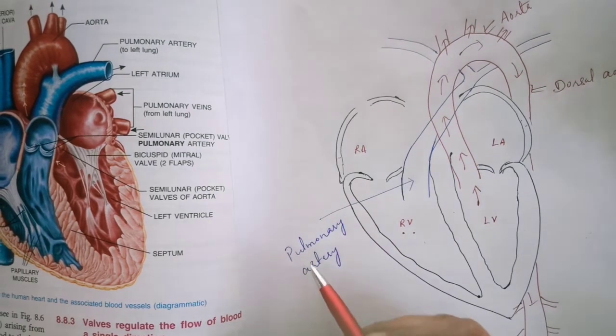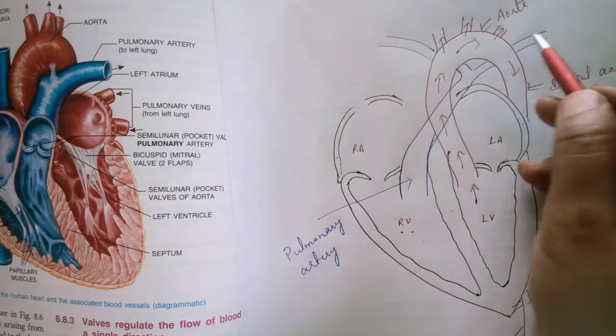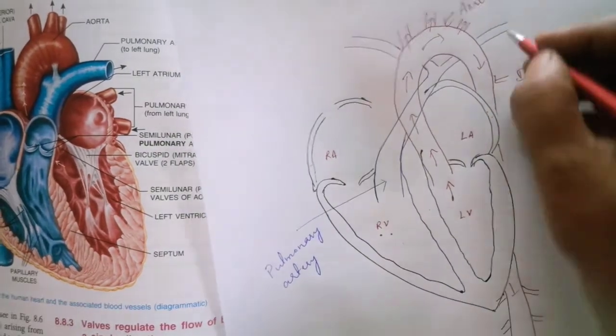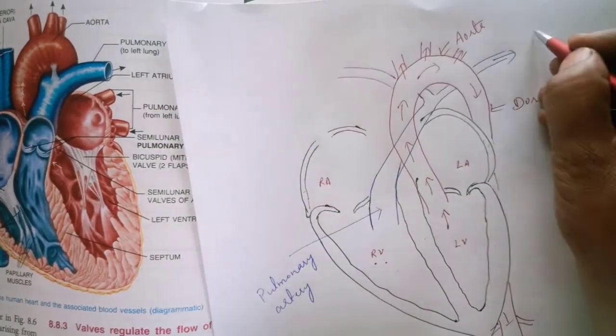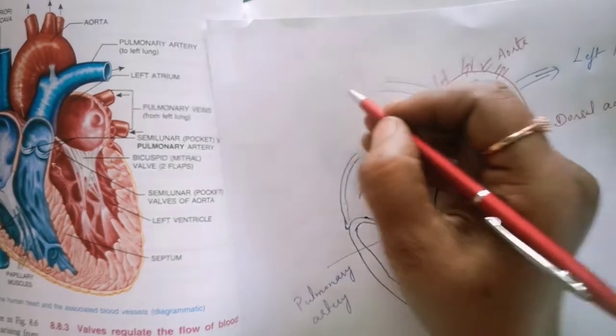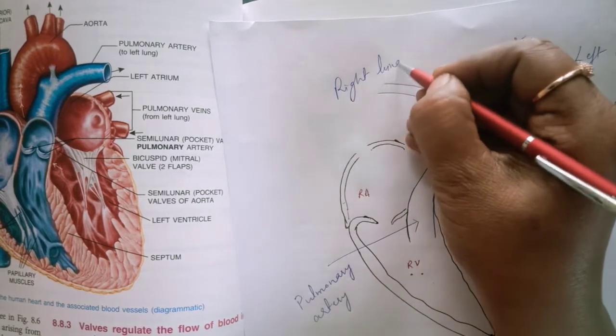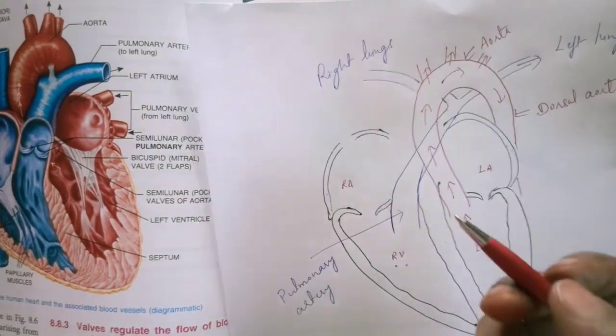Why pulmonary? Because the blood vessel bifurcates here into two more arteries, one going to the left lung and the other going to the right lung, providing deoxygenated blood.